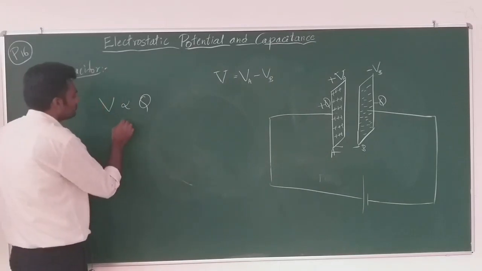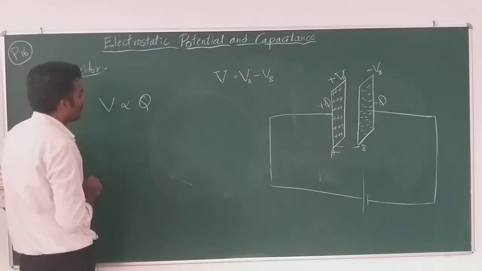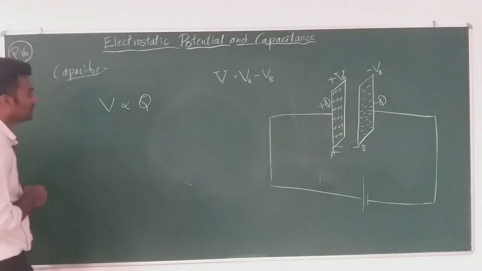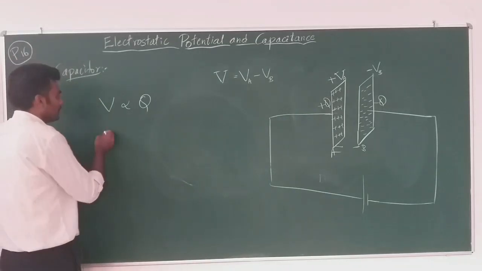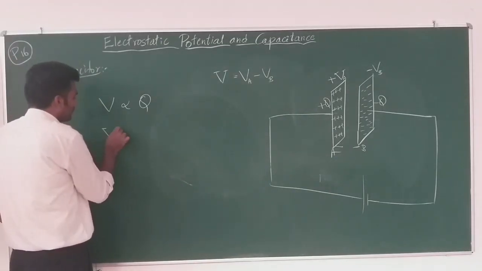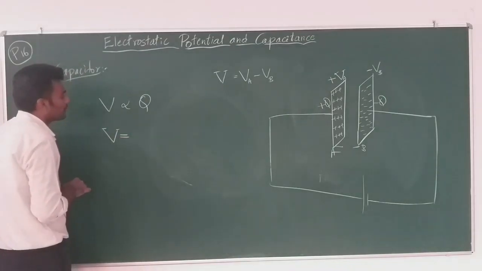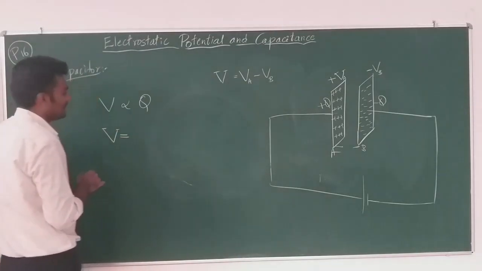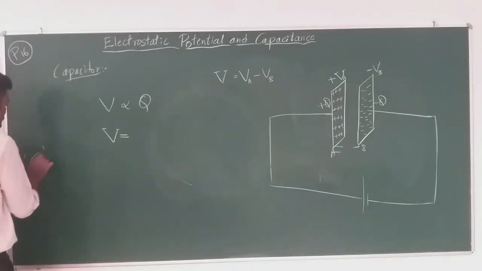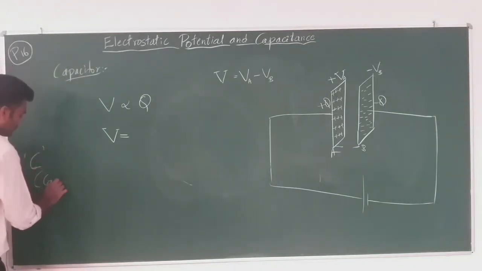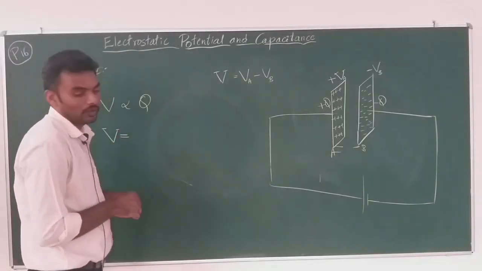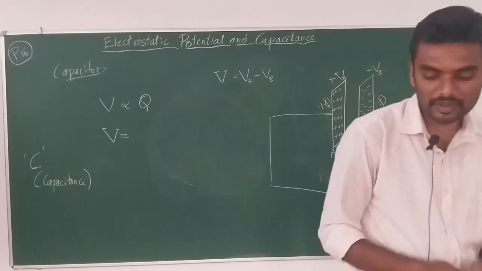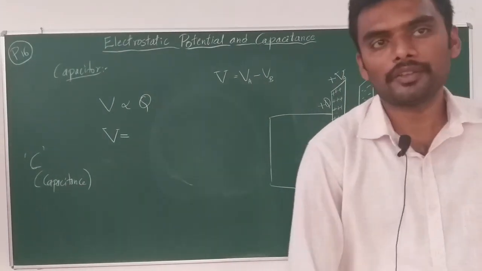And now I want to remove the proportionality. What do we do? As usual, we introduce a constant. So the constant that I introduce will be called C, the capacitance of the given arrangement. How can that C be put there?